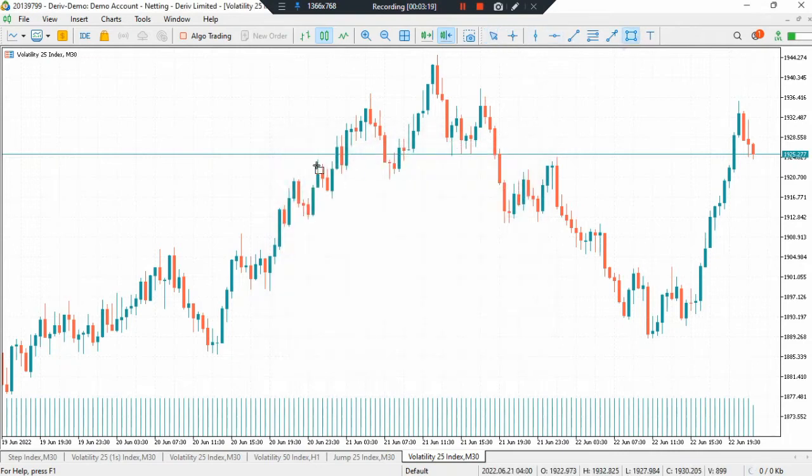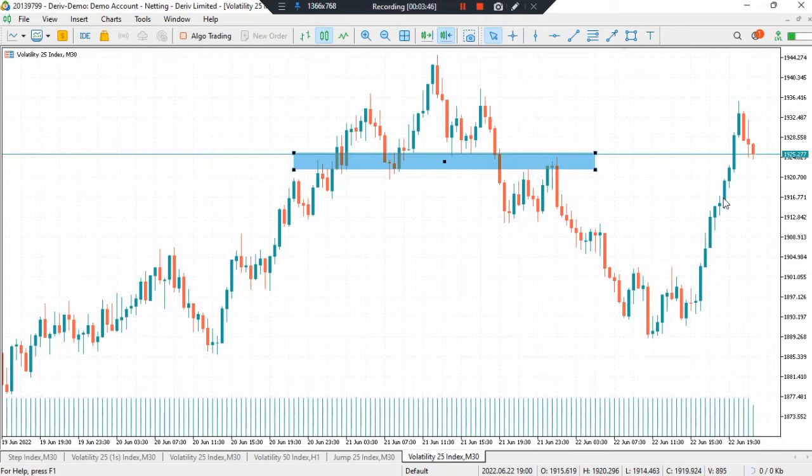So if you put your line here, now that you have seen that the trend has broken below this line, we are below and waiting for a retest. Once it retests, that is when you place your sell position, but you don't know which area you are selling up to.